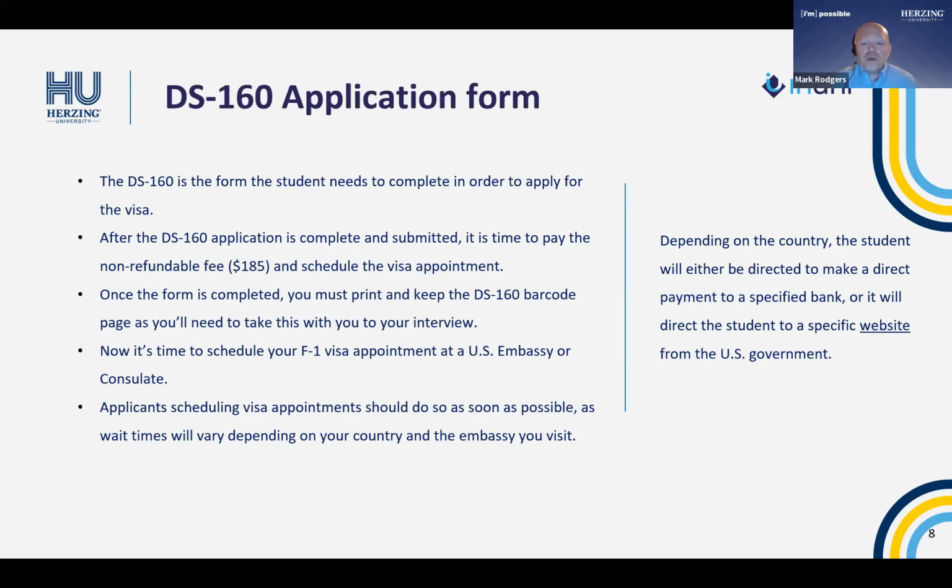Now it's time to schedule your F1 visa appointment. Applicants should schedule visa appointments as soon as possible. As all of you know, there can be delays, and this can vary in time depending on the country in which a student is applying for a student visa.